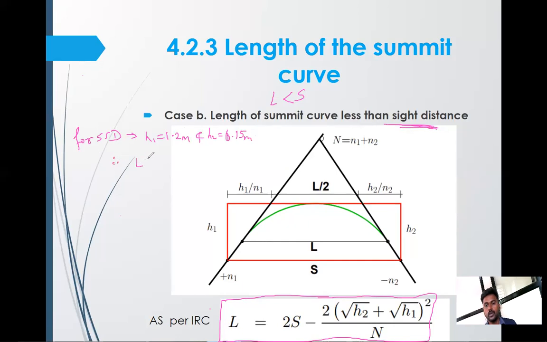Therefore, L is equal to 2s minus 4.4 divided by n.